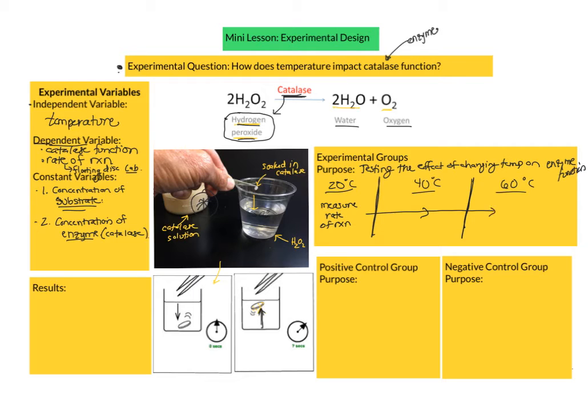And again, we're measuring that by looking at how fast the disk floats to the top of the surface at 20, 40, and 60 degrees Celsius. Okay, now you could obviously add lots of other temperatures to test at, but hopefully you see that the purpose of the experimental group is to really get at the relationship between temperature and the rate of the reaction.